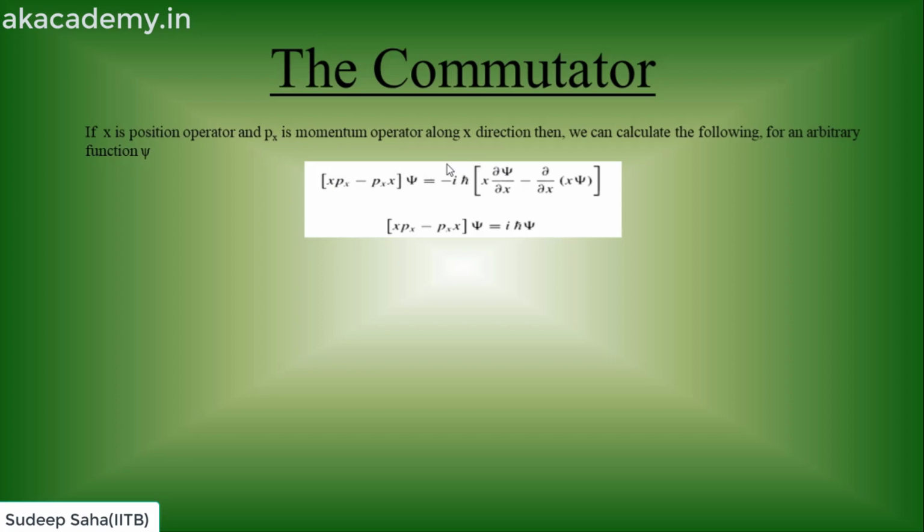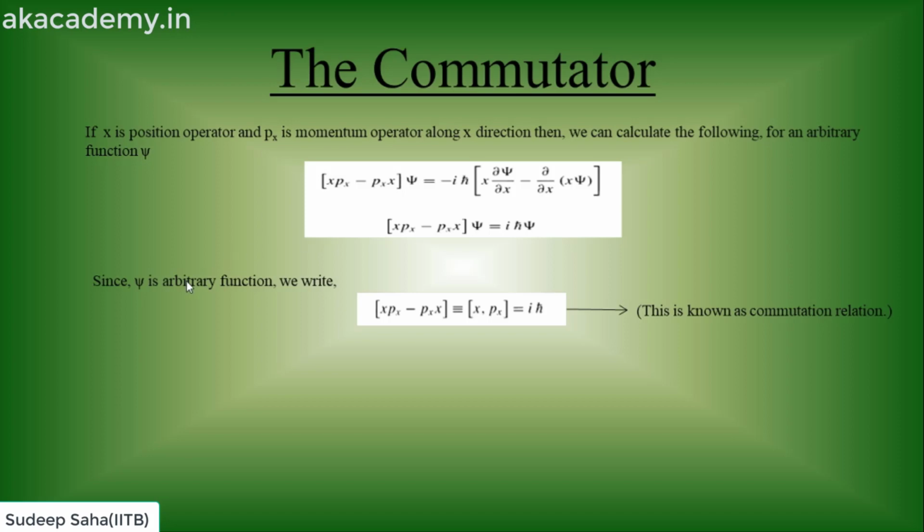Now, if we substitute the operator form of momentum, which is minus i h bar del/del x, we'll get x px minus px x psi is i h bar psi. See that this is also an eigenvalue equation, which means that this is also like an operator, whose eigenvalue is i h bar, which acts on psi. This is the eigenfunction.